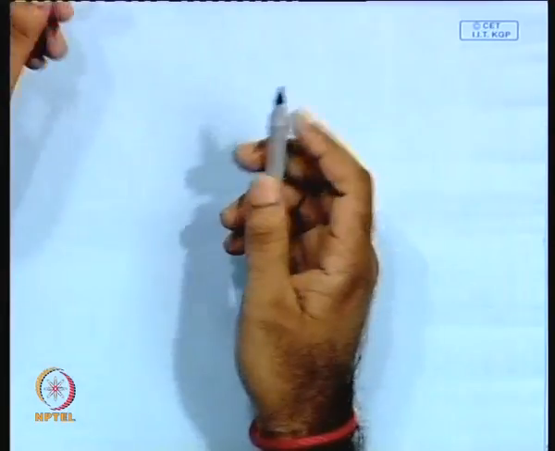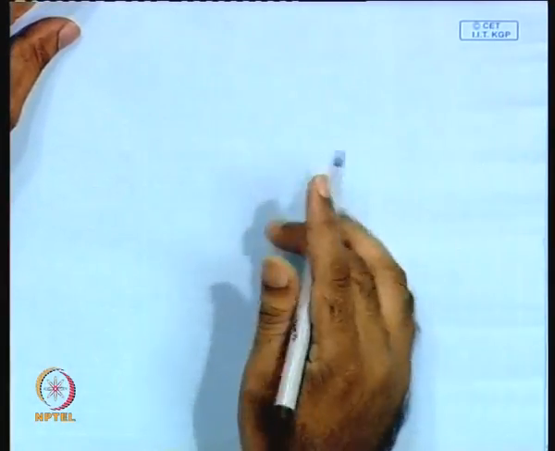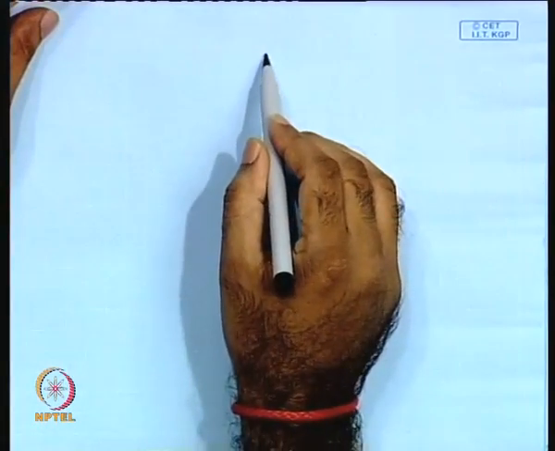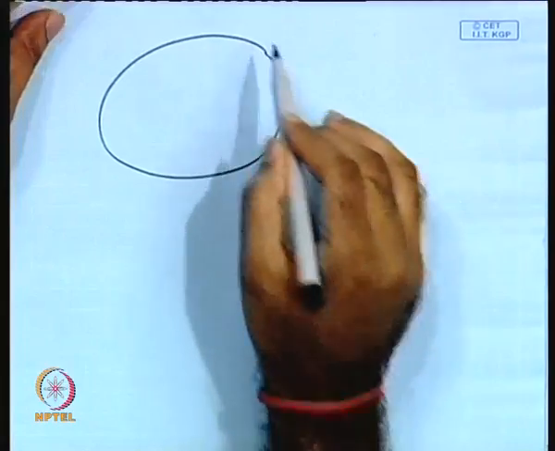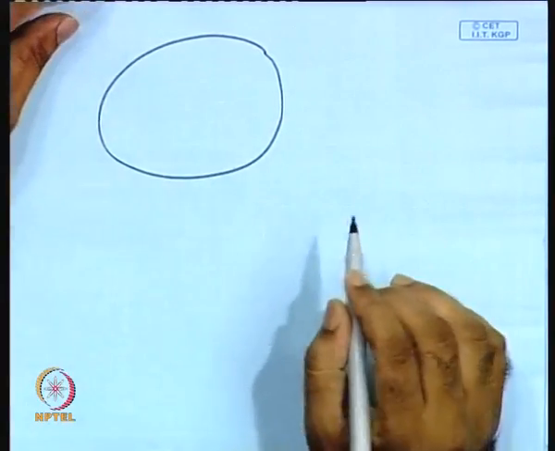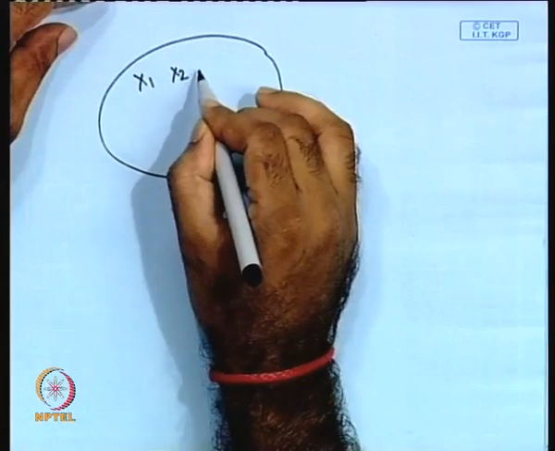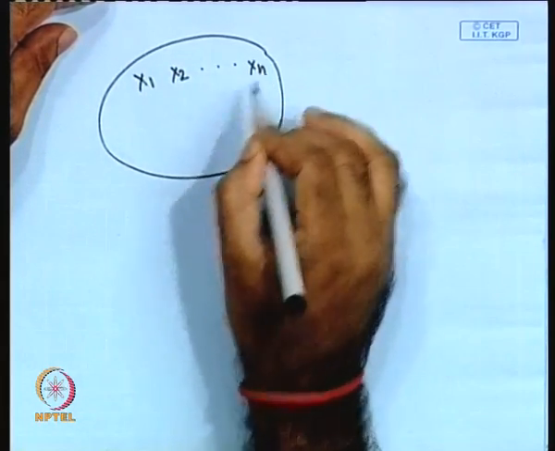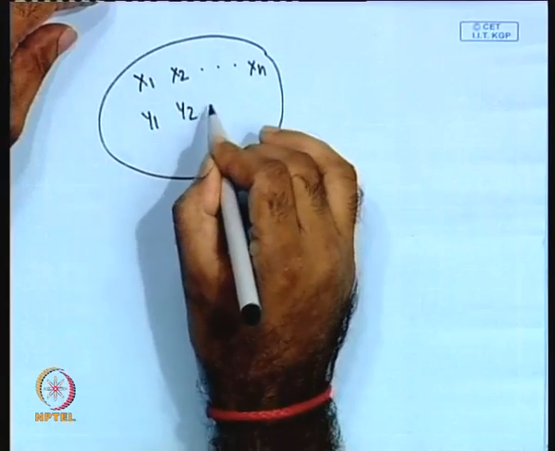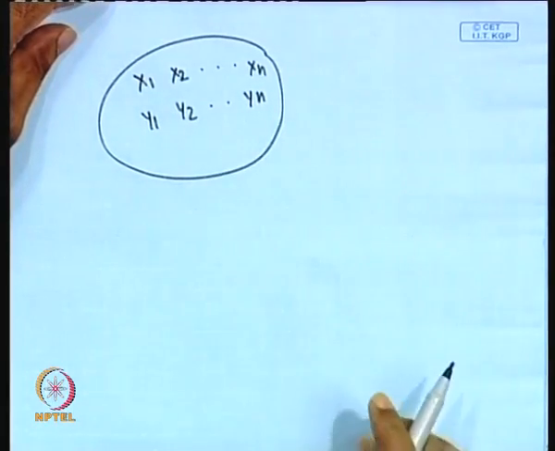So, let me explain what this univariate econometric modeling is all about. Let us take a case here. We have a series of variables x1, x2 up to xn, y1, y2 up to yn.